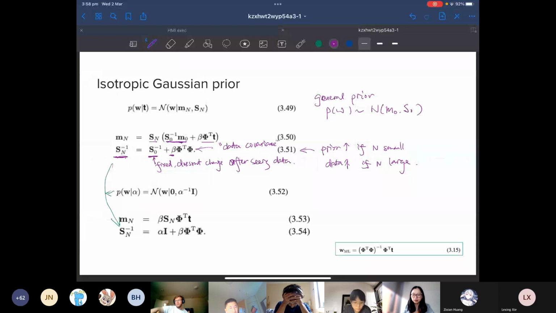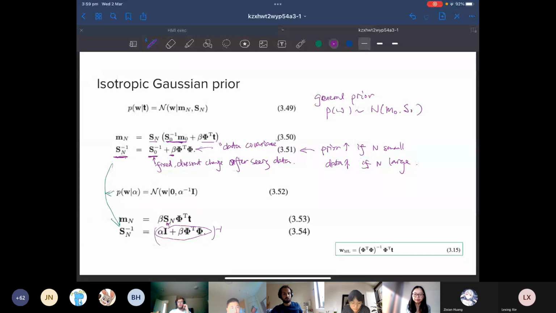The mean vector is now beta times this term, taking the inverse and plugging it into the middle, and then times phi transpose t. You say, well, okay, that's a mouthful. Yes, it's a mouthful, but it's a mouthful that we've seen before.